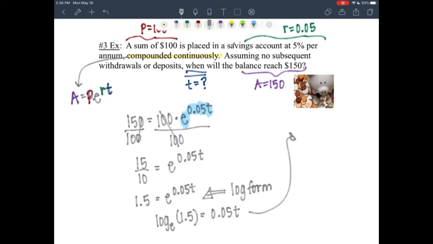I'm running out of a little room, so I'm going to come over here. Log base E of 1.5 equals 0.05 T. Log base E is the same thing as natural log of 1.5 equals 0.05 T. Whatever the natural log of 1.5 is, I'm going to divide it by 0.05.